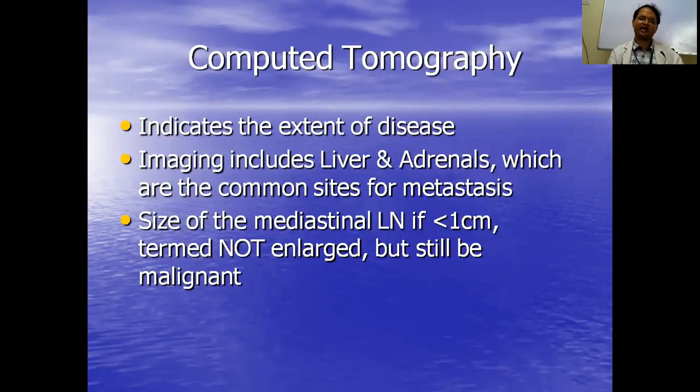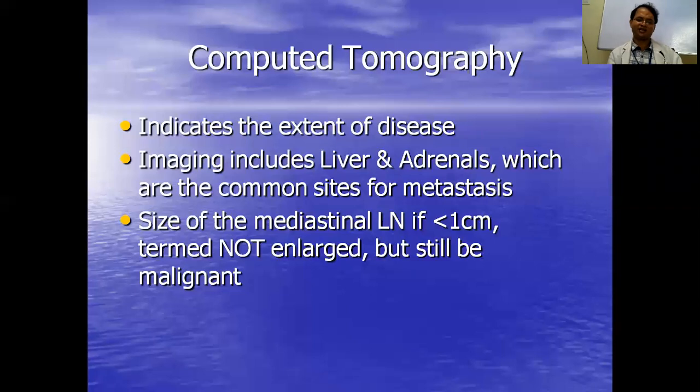About the CT scan, it indicates the extent of the disease. When you are doing the CT scan to evaluate a patient with suspected lung malignancy, you have to also image the liver and adrenals, because liver and adrenals are the most common sites for metastasis.